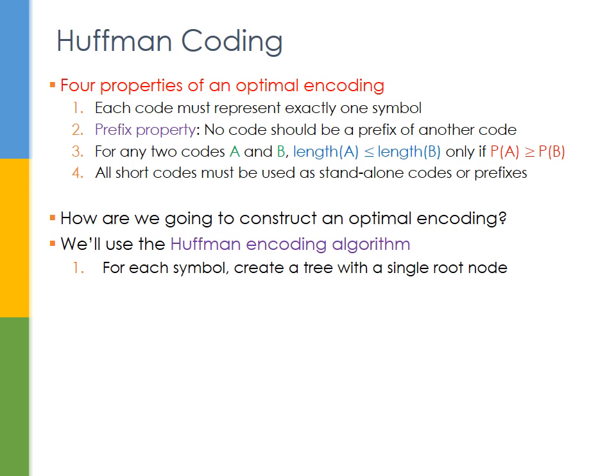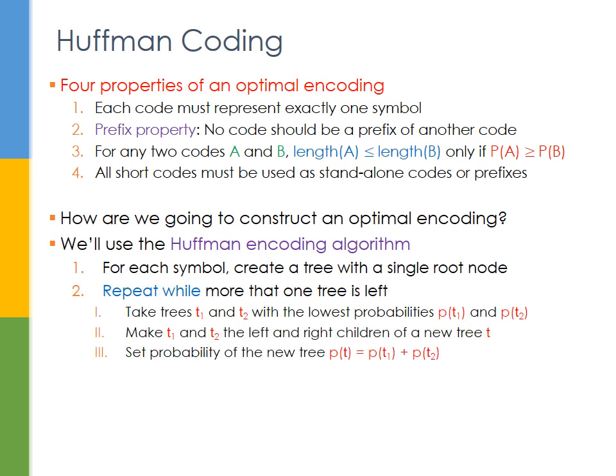The algorithm's operation is relatively simple. For each symbol that we need to encode, we create a tree that consists only of a single root node, where that root node is the symbol. We then repeatedly execute a while loop, and we keep doing this while more than one tree exists in our set of trees.